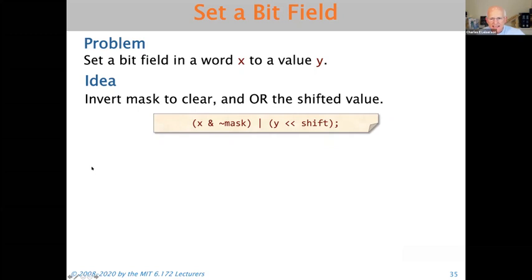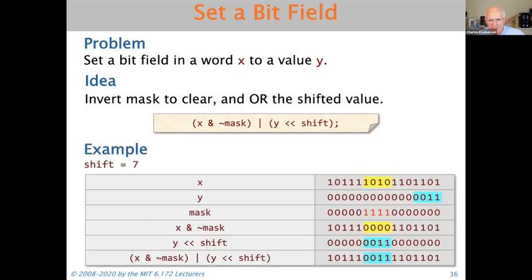Setting a bit field is just a little bit more complicated. Here's the code. This time we AND with the 1's complement of the mask, and then we OR it with the shift. Let's reason through this with an example.